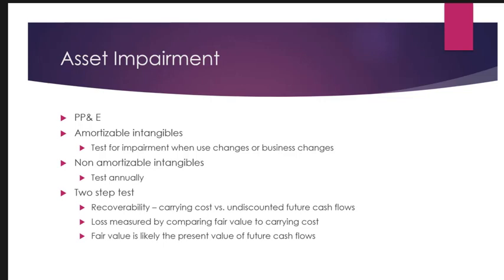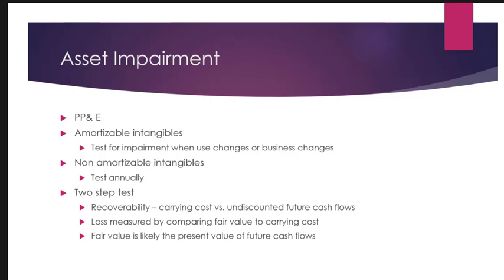Now, also in this same vein, as we have assets, we are required under U.S. GAAP to look at them for possible impairment. And impairment is basically this same concept of depreciation in that depreciation is using up the asset over time.